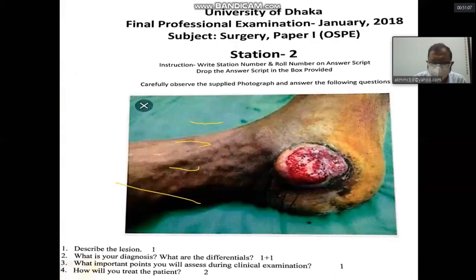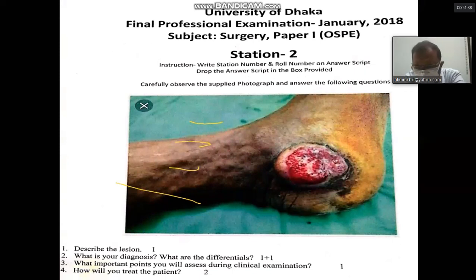So come to the next station. Describe the lesion. Sir, it is an ulcerated lesion of the foot which is irregular in shape. Margins are well defined.